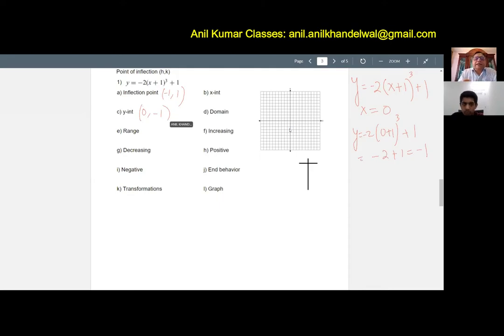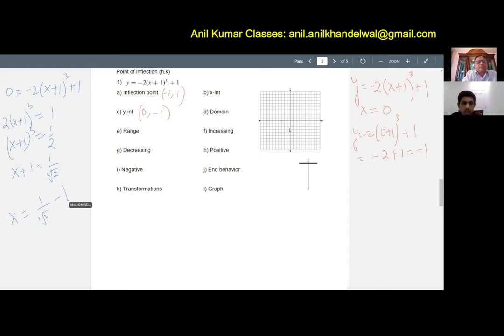X-intercept, how will you find the x-intercept? You have to set y equal to 0. So y equals 0 equals minus 2 times x plus 1 whole cube plus 1. So we get 2 times x plus 1 whole cube equals 1. That gives you x plus 1 whole cube equals half. We take the cube root, so we have 1 over 2 cube root, and x equals 1 over cube root of 2 minus 1.